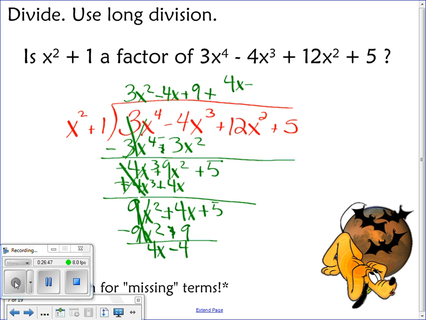It doesn't take much to mess up on these, because if you miss one sign, it's wrong. If you don't notice your like terms, it's wrong. Yeah, that looks great. So the answer is no. Asking, is it a factor or not? No, it is not.